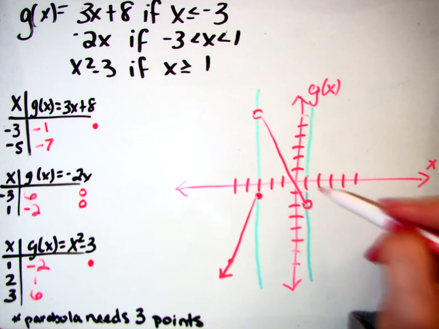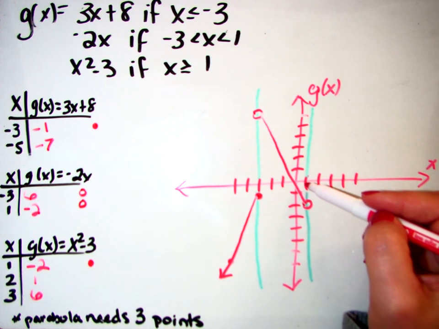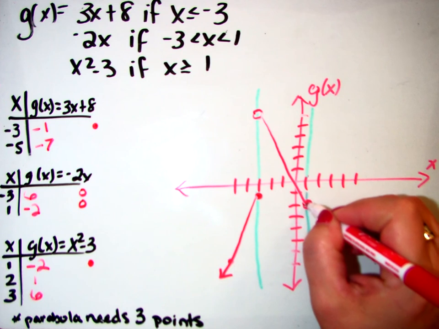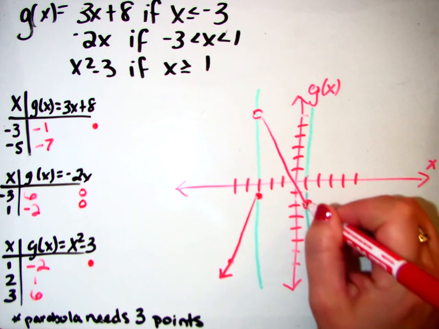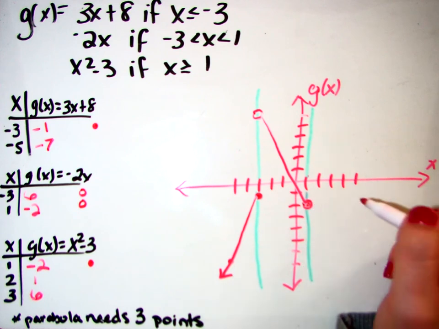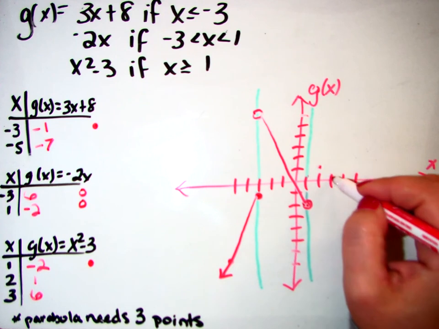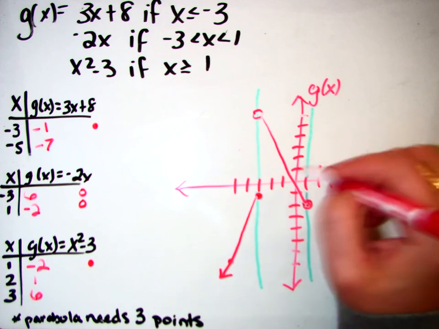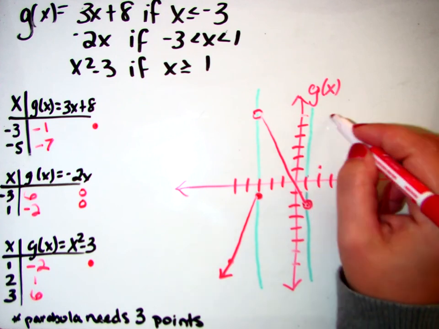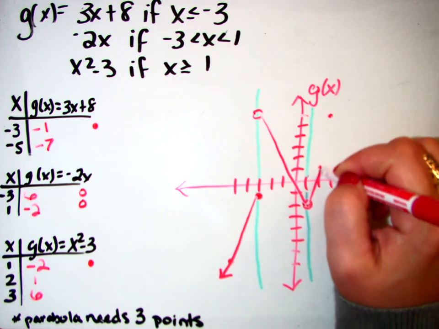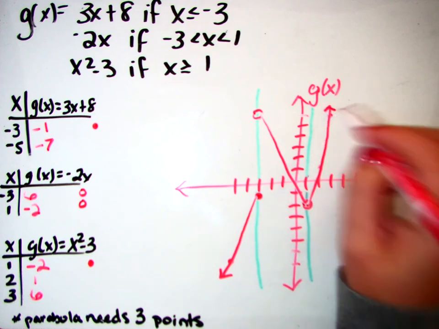So at 1, -2, I have a closed circle, so I'm just going to put it inside the open circle. At 2, 1, there's a point, and at 3, 6. Okay, so this is what this looks like.